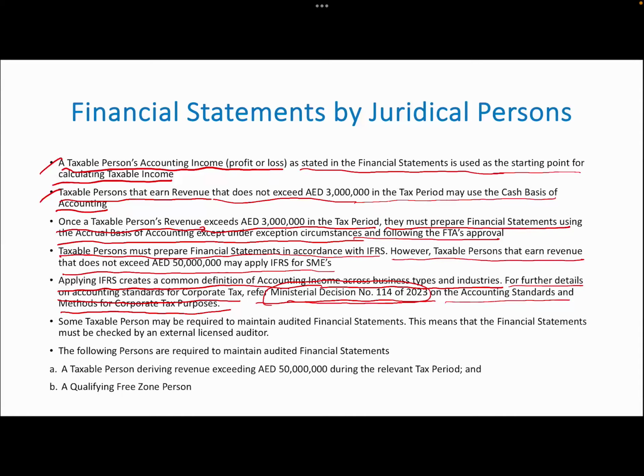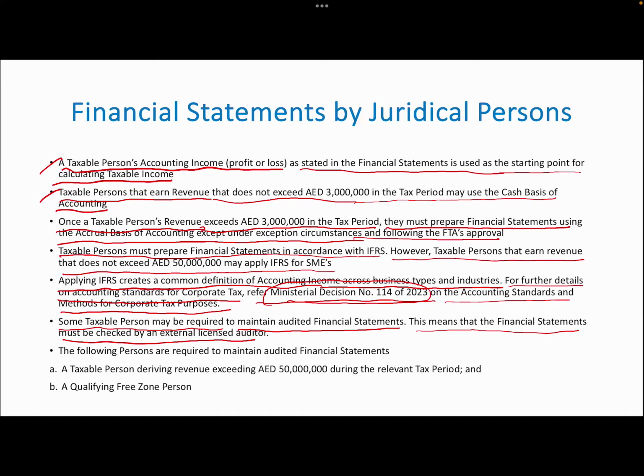So next point is some taxable persons may be required to maintain audited financial statements. This means that the financial statements must be checked by an external licensed authority. Now, who are these companies who have to maintain audited financial statements?